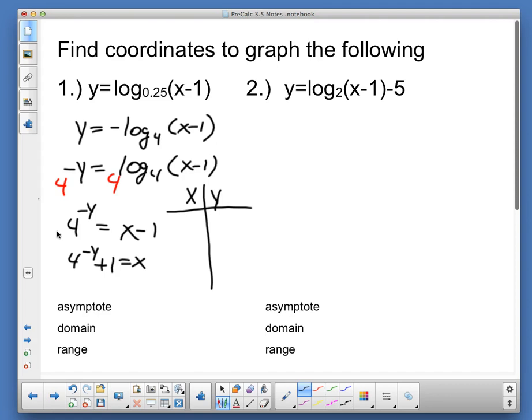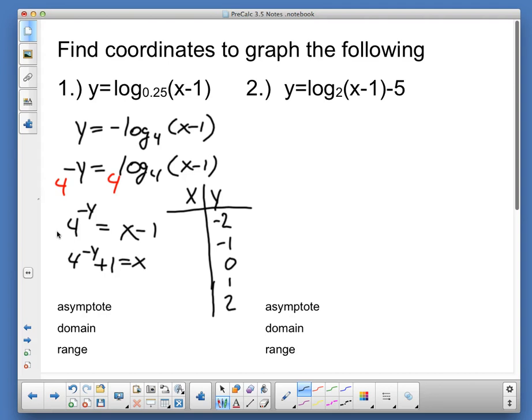I have defined x in terms of y. In this relationship, I made x dependent on my choices of y. So I'm going to choose some nice y's: negative 2, negative 1, 0, 1, and 2. Those are the numbers I'm going to choose for my y, and I'm going to plug them in and evaluate.